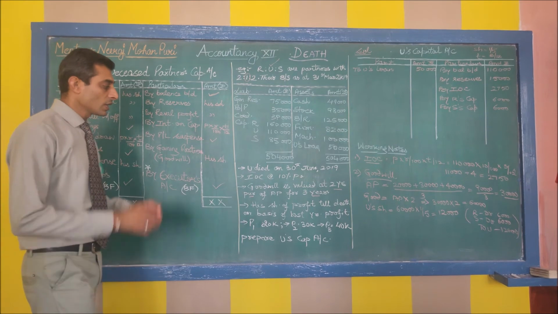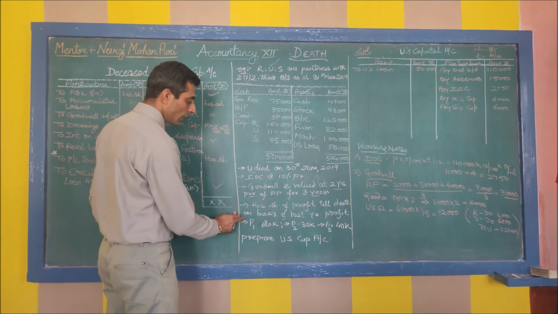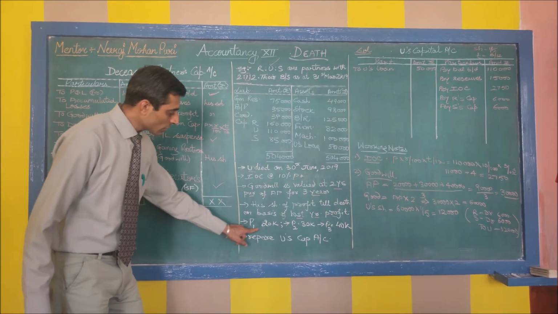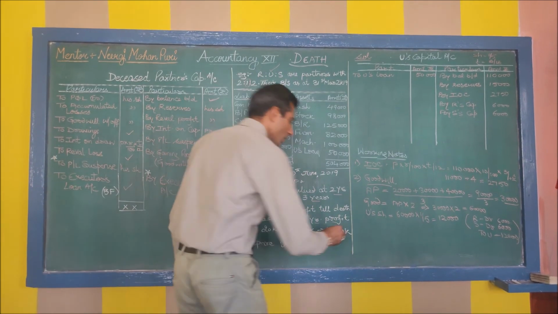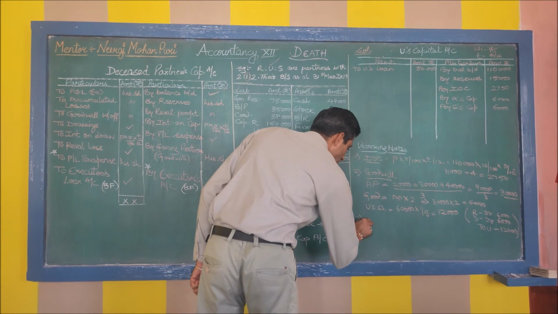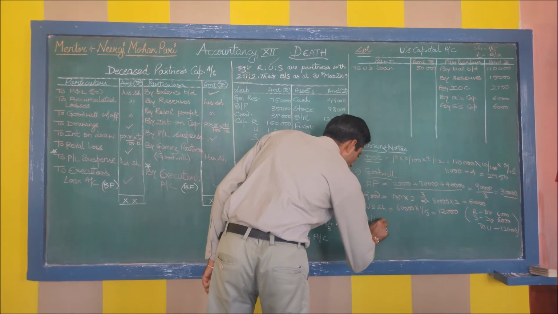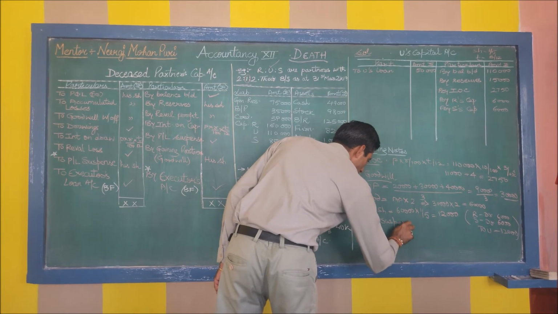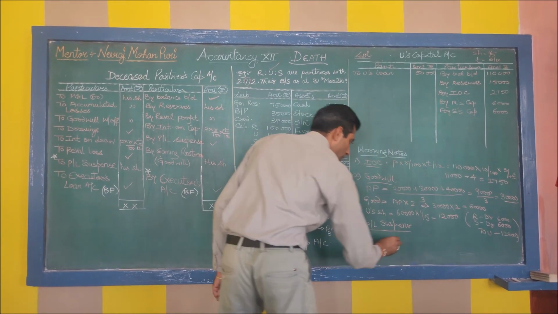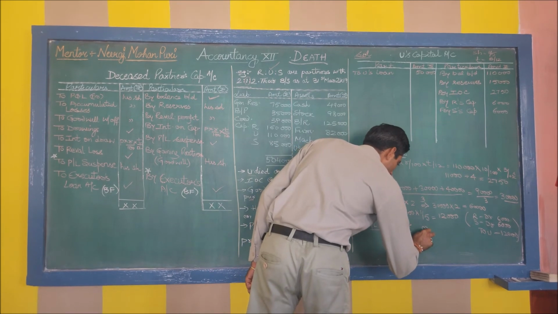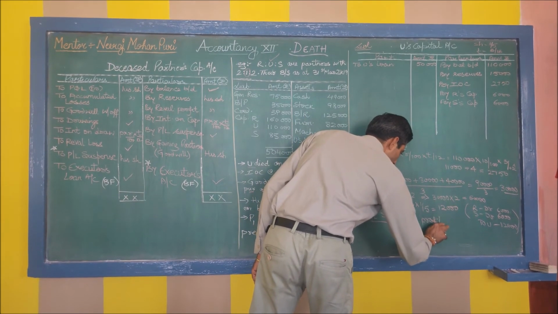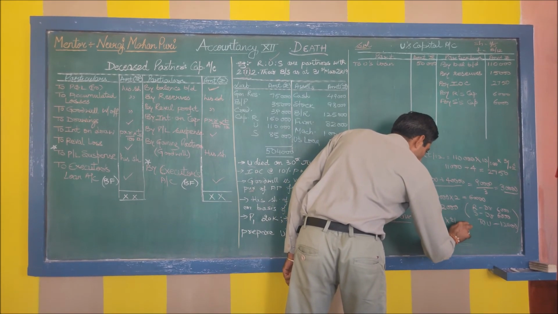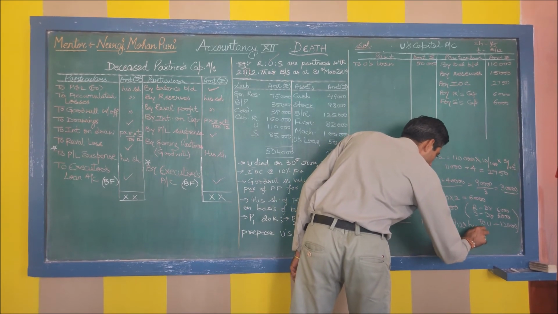Now the last adjustment is his share of profits till the date of death on the basis of last year's profit. So out of this, the latest year is 40,000. Third transaction is the P and L suspense calculation. For P and L suspense, we have a formula: profit of last year multiplied by time divided by 12 into his share.